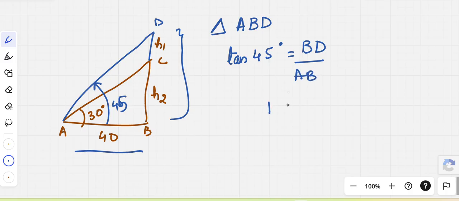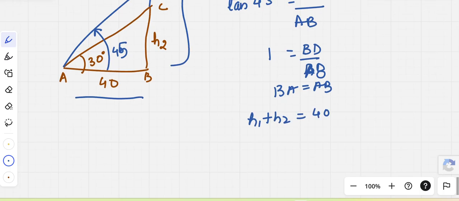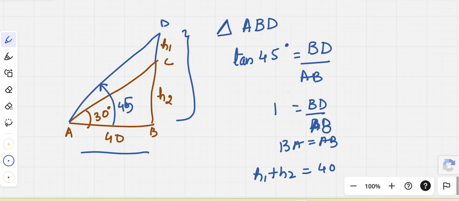Tan 45 is 1, so BD equals AB. BD is H1 plus H2, so H1 plus H2 is equal to 40.